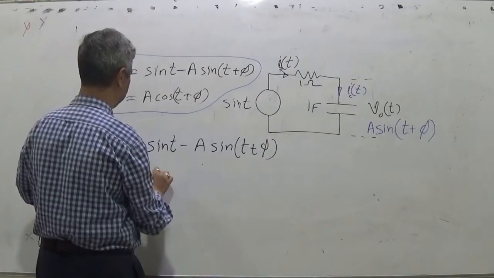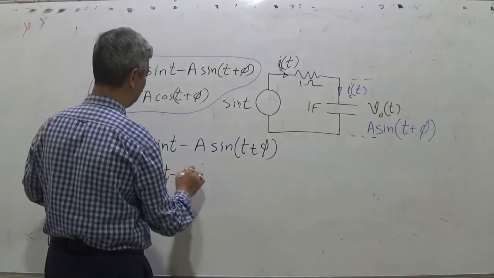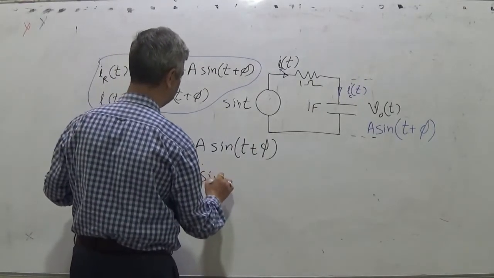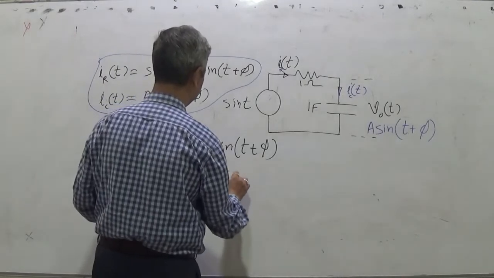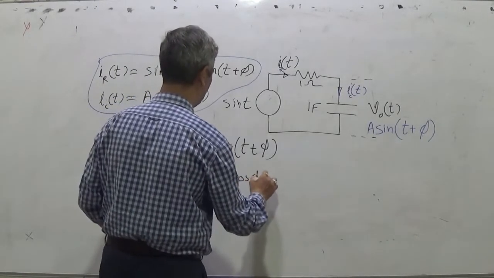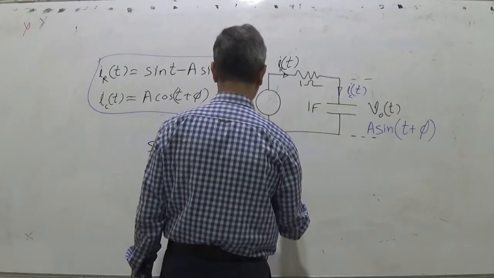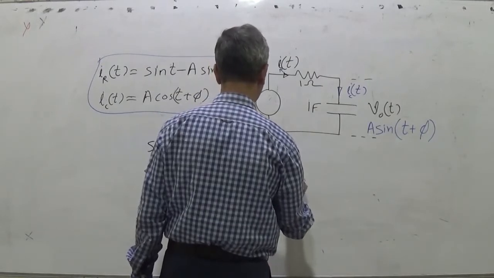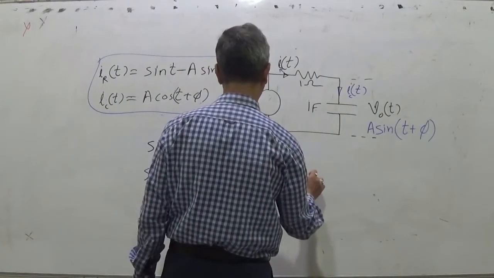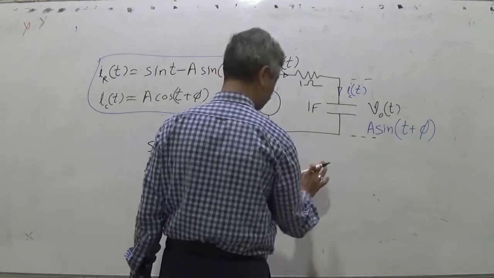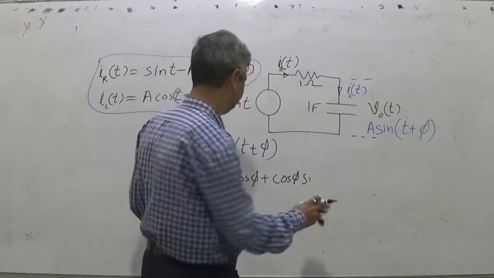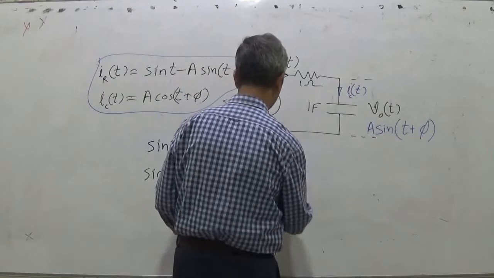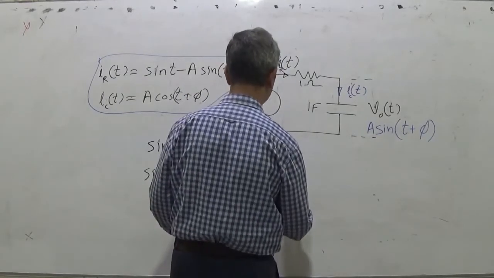So it is sin(t − a) into bracket sin t cos phi plus cos t sin phi. Am I right? You can correct me if I am wrong somewhere.